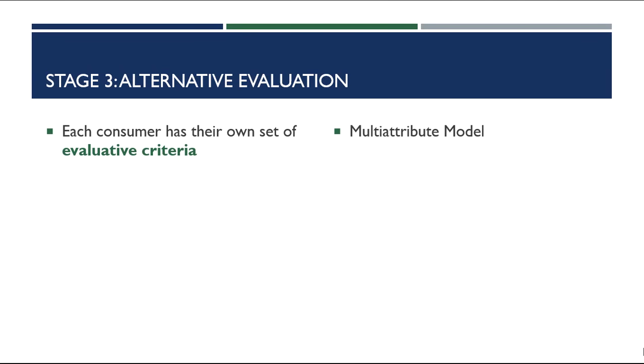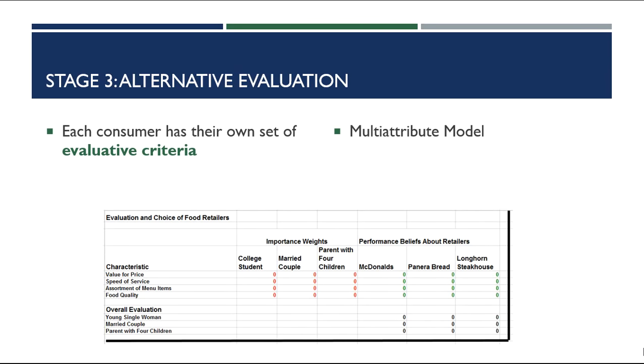In retailing, we use what we call the multi-attribute model to summarize how customers evaluate alternatives that they identify in the information search stage. Now, this is an example here of the multi-attribute model, and we're going to walk through it. And then I'm also posting a worksheet for you in the Chapter 4 content folder where you can play with the multi-attribute model and work through it to see how it would impact retail decisions.